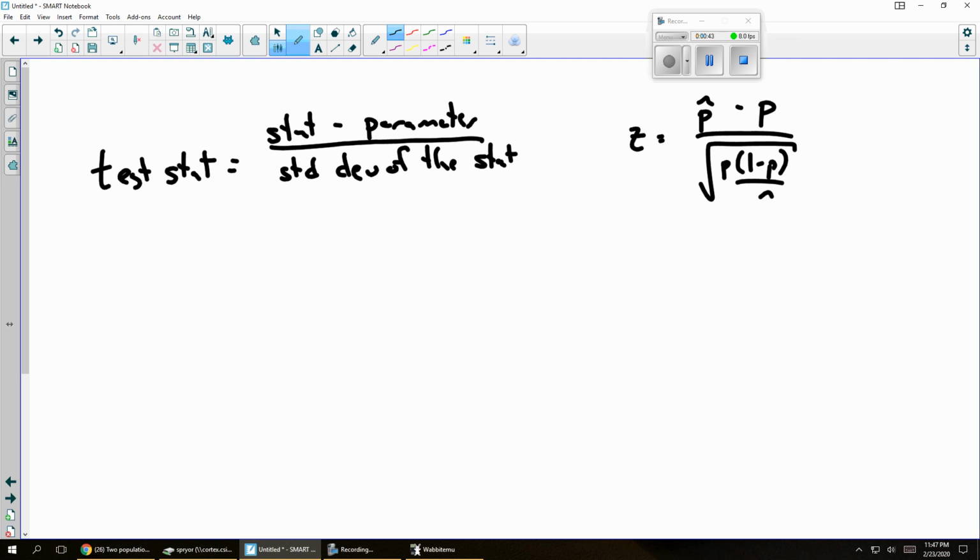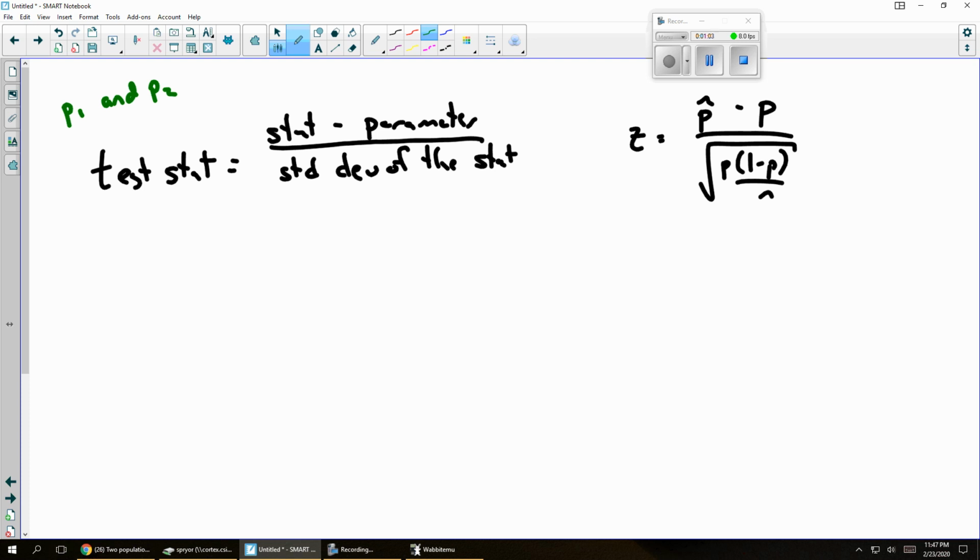And that looks great when I have a single sample proportion. But what if I want to determine if there is a difference between P1 and P2? I now have a two proportion problem, and I'm trying to estimate the difference in proportion 1 and proportion 2.